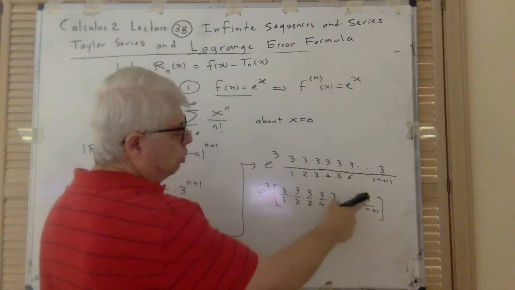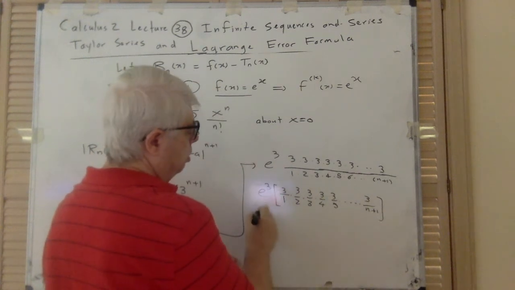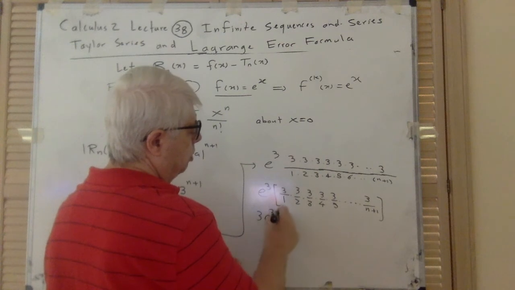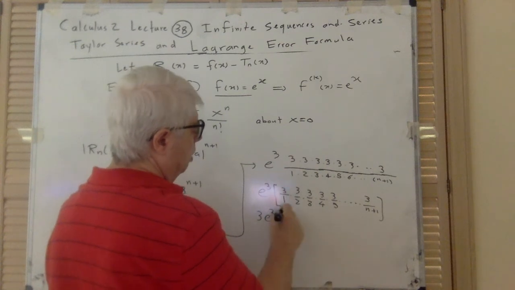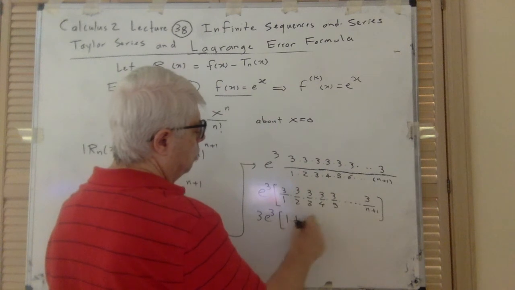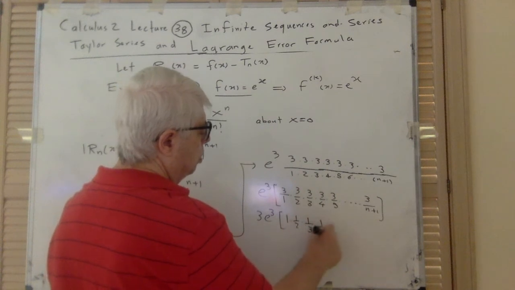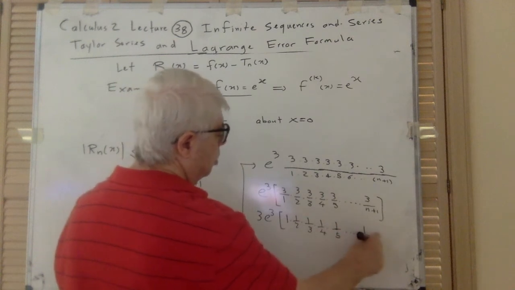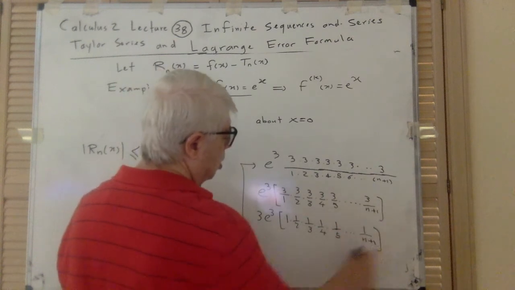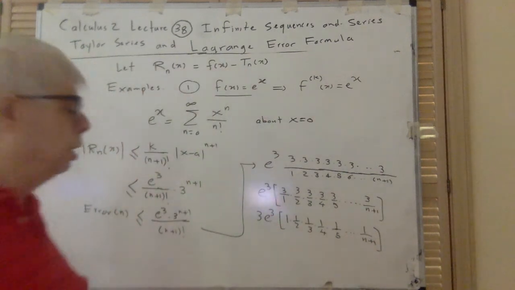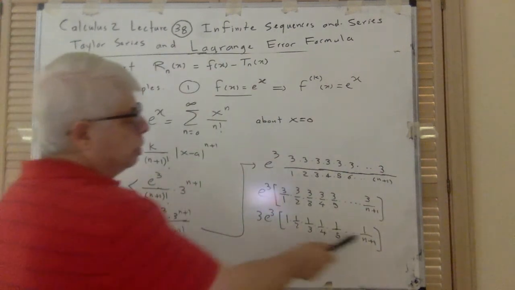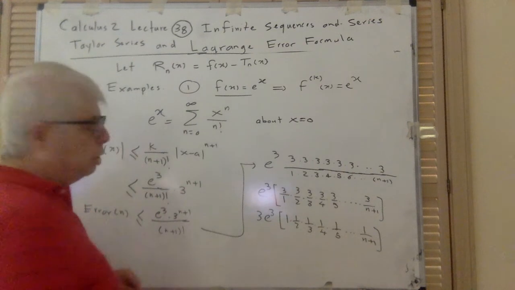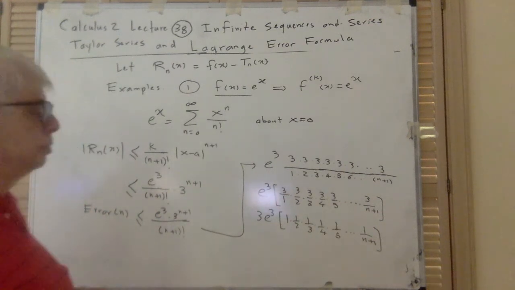I can move the 3 outside, so I have 3 e to the power 3 times 1 times 1 half times 1 third times 1 fourth, 1 fifth, up to 1 over n plus 1. Now, depending on how small this thing is, this error gets small enough.